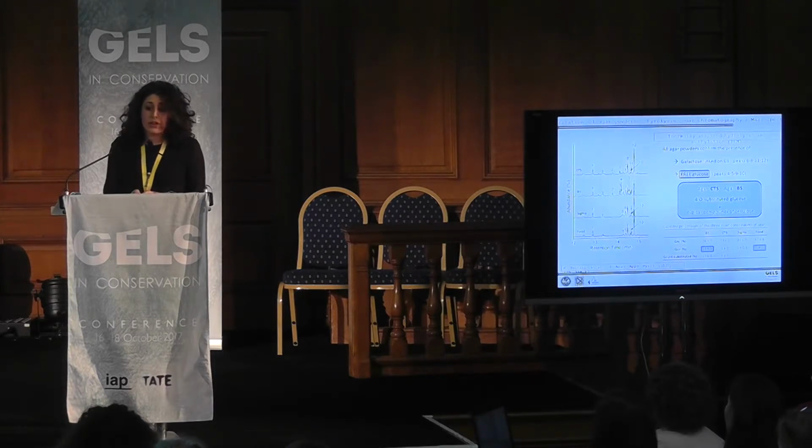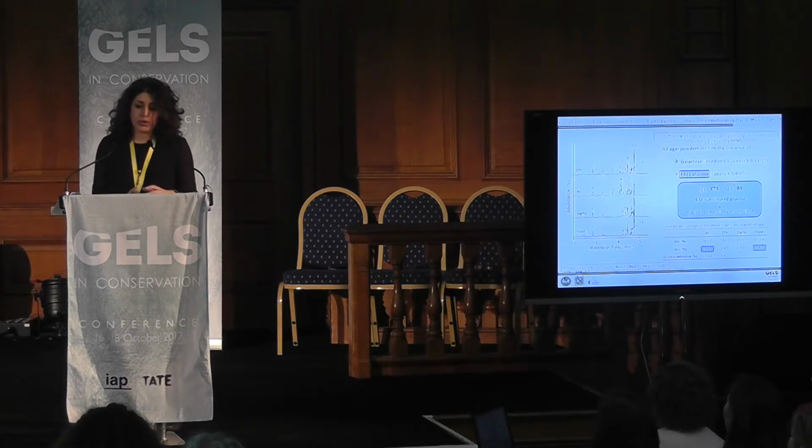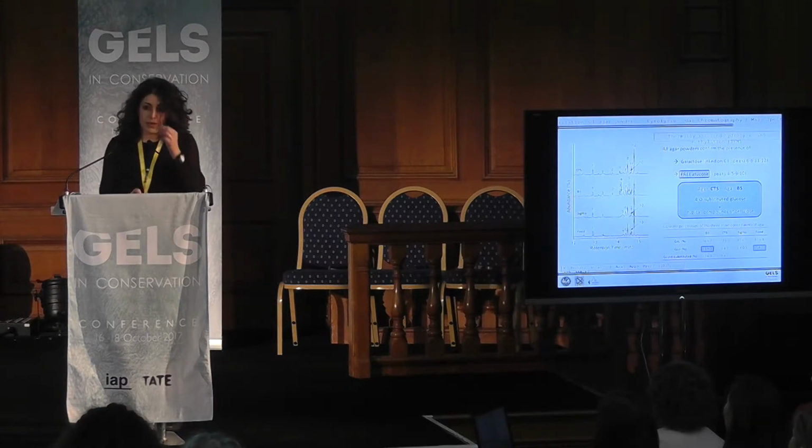These data are also confirmed by pyrolysis gas chromatography. We carried out this analysis with a thermally assisted hydrolysis and methylation method. Thanks to this method, we are able to confirm the presence of galactose, but we can also support the extra feature that we detected in the FT-Raman spectra, in which we found the presence of free glucose.